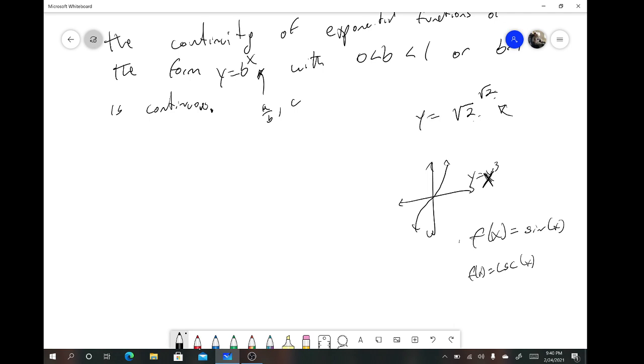Okay, so this is also very useful. Right, so let me just write that as a theorem. I will not prove it, but I'll write it.